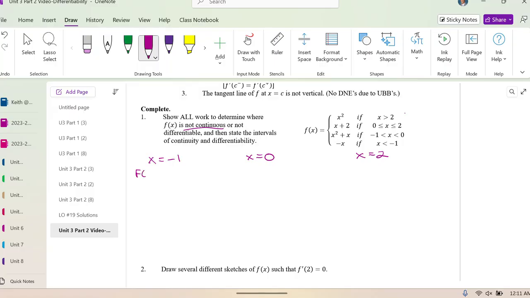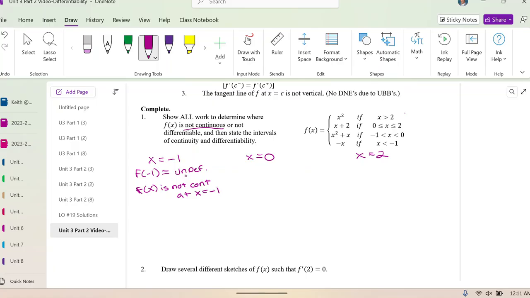So remember the function value, f at -1. Well, notice there is no equal to, so it's undefined, which means that the function is not continuous at x equals -1, because remember, the 3 things that define continuity are that the function value exists, the limit exists, and the limit and the function value are the same.